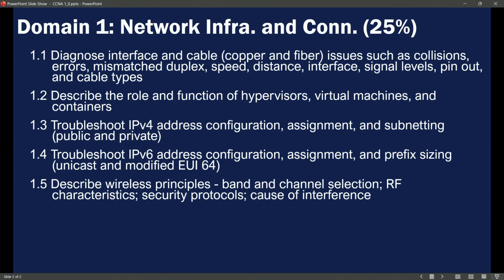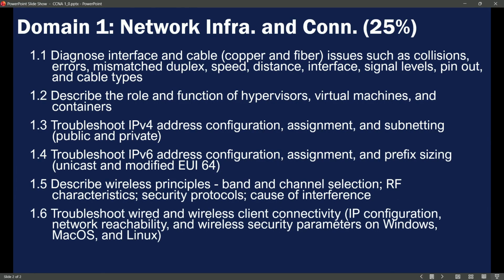We'll look at RF characteristics, security protocols, and of course, modern day causes of interference. Yeah, I say modern day because some of the technologies that we were using for wireless, which were very prone to interference, are now legacy, thank goodness. I remember teaching classes and being knocked off every single time someone started the microwave in the kitchen. Thank goodness those days are gone.